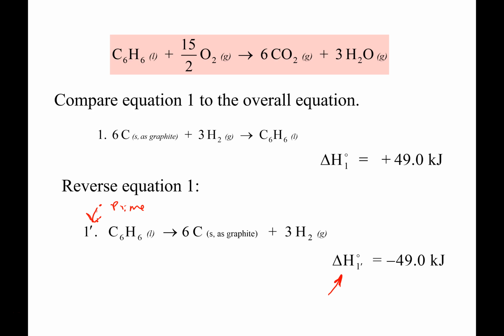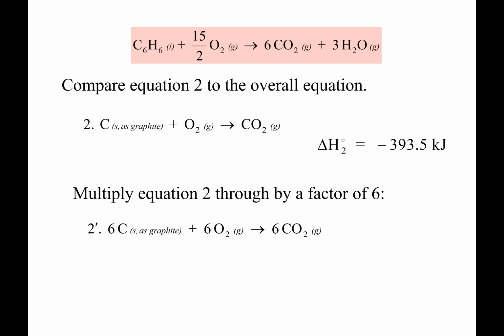All right, so let's look at 2. We said we're going to focus on the carbon dioxide. You guys said I could scale it up. So 2 prime would be this, where I scale it up. Instead of 1 mole of carbon, I have 6 moles of carbon. Instead of 1 mole of O2, I have 6 moles of O2. Instead of 1 mole of CO2, I have 6 moles of CO2.